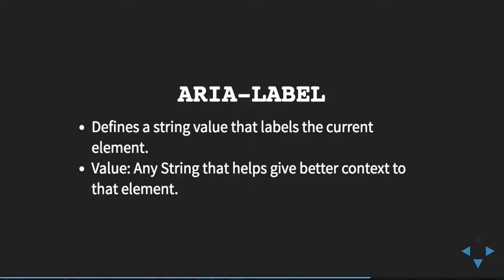ARIA labels. This one I have very mixed feelings about. It is one of the few, maybe even the only, ARIA attributes where you define the string, meaning it's not a Boolean and it doesn't have to match an ID. It is literally a string with whatever you create.